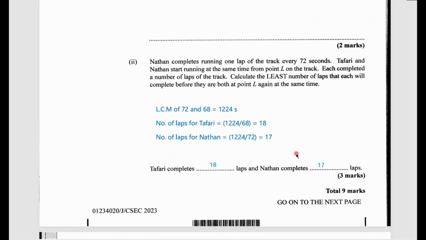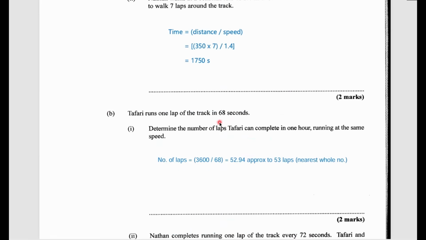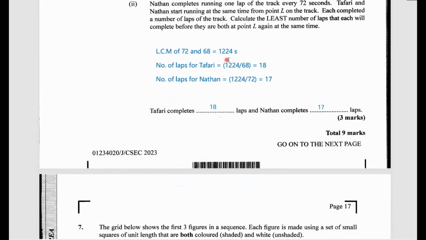Well, what we simply need to do is find the LCM, right? You find the LCM of the 72 for Nathan and the 68 for Tafari. You get 1224 seconds. Keep on trying figures until both could go into it. You know, if I multiply 72 by 68, you get 4896, and you just sort of cut down from there. That's the only trick with this.